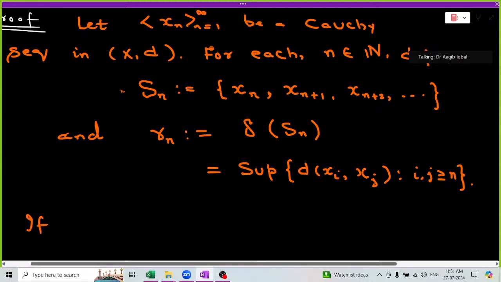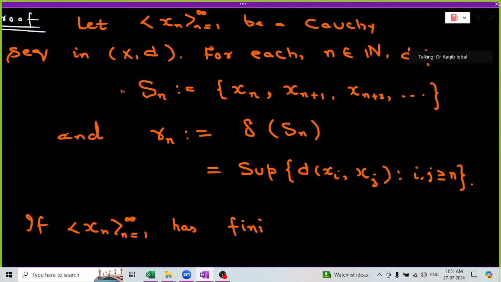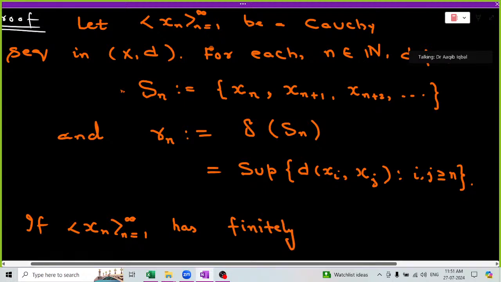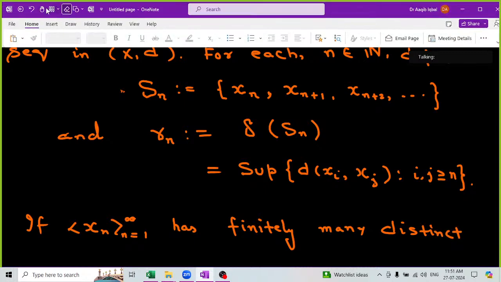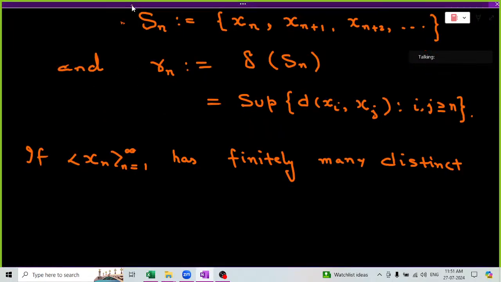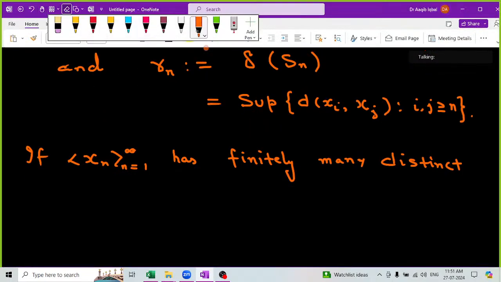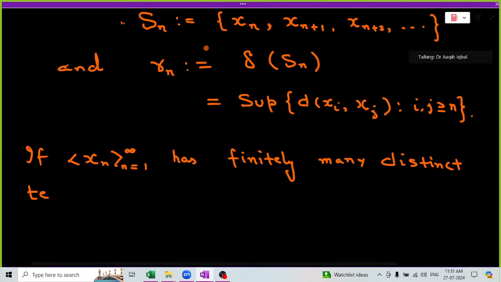अब this will be a simplifying assumption. Now if this sequence xn जो हम ऊपर ले रहे हैं has finitely many distinct terms, तो फिर क्या होगा?